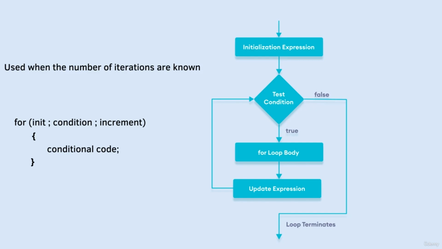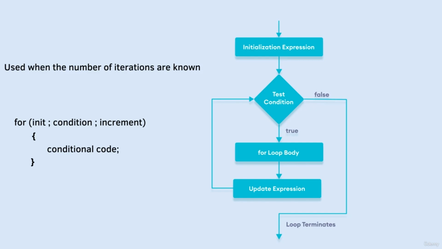Unless and until the i value is less than or equal to 100, it will keep on executing. And increment: since i is 1 and it needs to go till 100, I need to keep on incrementing the value. I have to increase the value every time I run this loop. So for that, it is increment.